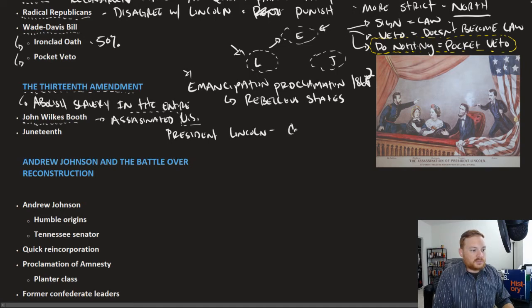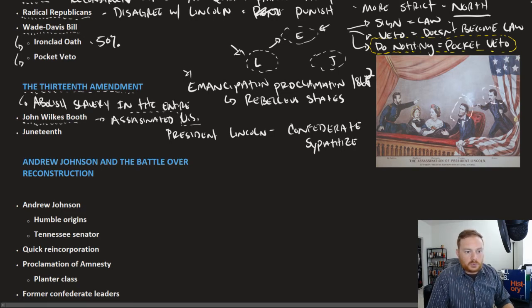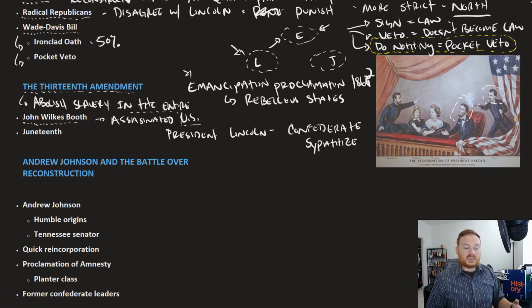And he was a Confederate sympathizer. Abraham Lincoln was watching a play. Here's Lincoln right here. Here's John Wilkes Booth. John Wilkes Booth was part of a larger conspiracy to kill a number of members of Lincoln's cabinet. Booth was really the only one who succeeded. He walked up to the balcony or whatever you call it, shot Lincoln in the back of the head.